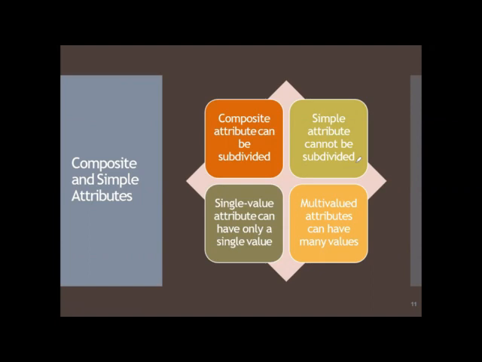Single value attribute can have only a single value, but multi-value attribute can have many values. So this is the difference between the composite and simple attribute. The composite can be subdivided, but the simple attribute cannot be subdivided. Single value only has a single value, but multi-value attribute can have many values.